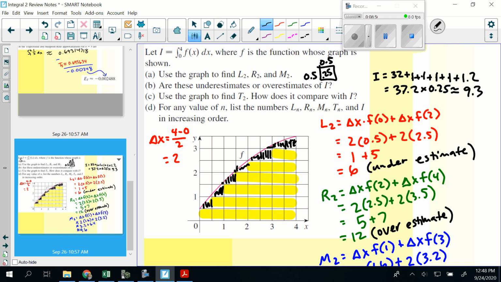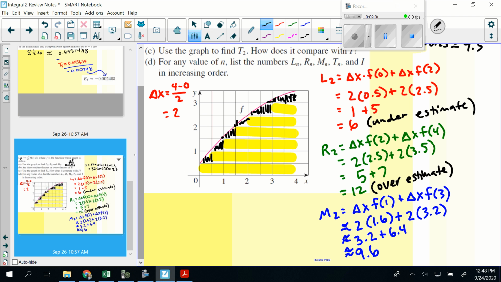But it looks like this one is still probably slightly over here. So overestimate. Not by much though.